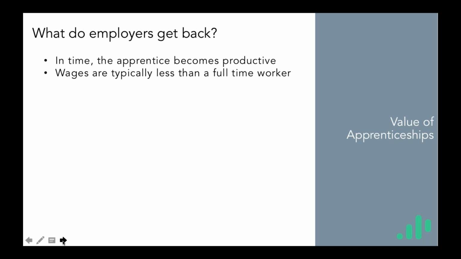Initially, they will be less than a typical full-time worker, but apprentices are actually often deployed to output critical tasks. Depending again on the sector, those tasks will differ. We will model all of this, and we will model the productivity gains and the impact on the output of that employer that apprentices are having.